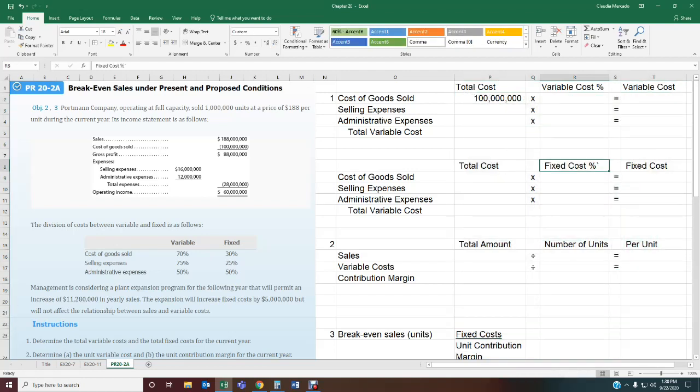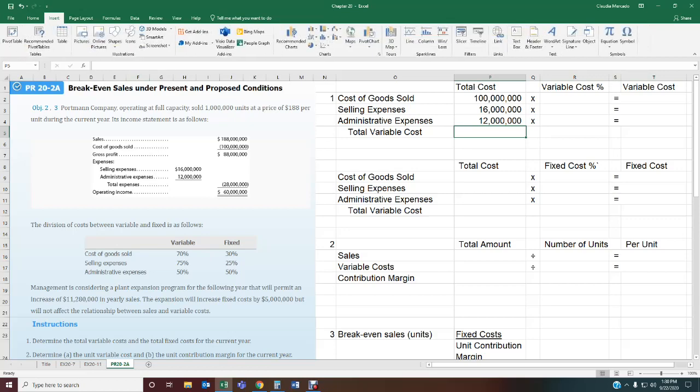So my cost of goods sold is 100,000, my selling expenses is 16 million, and my admin expenses are 12 million. Now the first thing that we're calculating is variable cost, so we're going to look at these components right here.